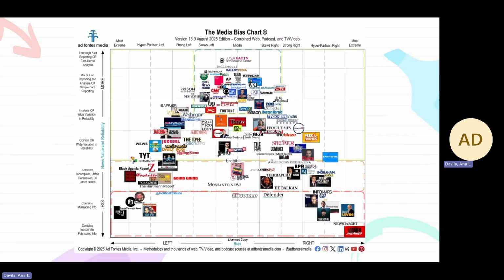In here, this is another thing, but it's like a comment, right? So this is the media bias chart, and it's telling you if they go to the left or to the right, if they have thorough information or if it contains fabricated information. So for example, in here, like selective, incomplete, unfirm persuasion, and then you can see the Joe Rogan podcast, right?